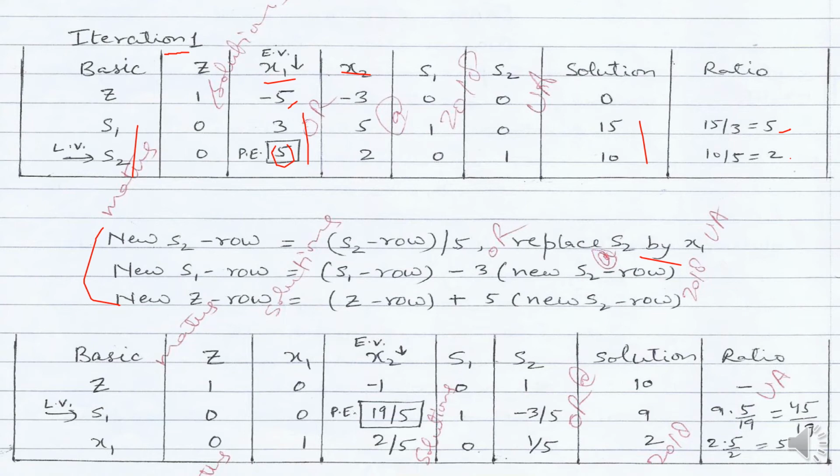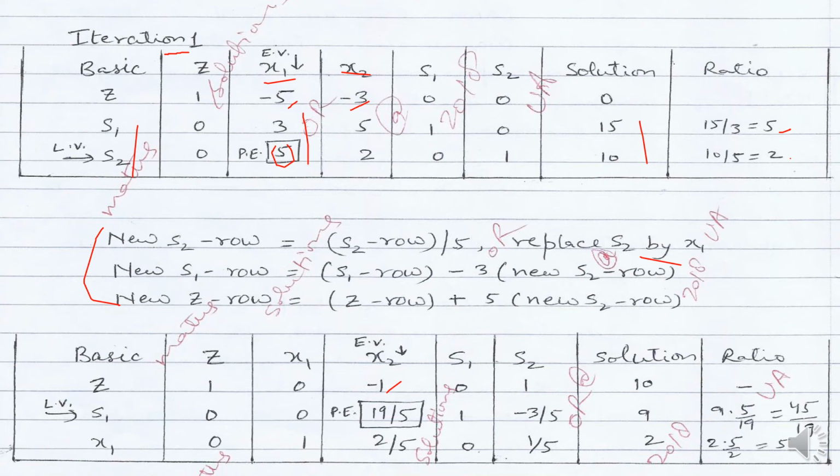So we got this table. Let's do one example here for calculating the elements of this table. Let's see this minus 1. How did we get it? This is z row, so new z row value is minus 1. The z row earlier, corresponding to x2, was minus 3. So minus 3 plus 5 into new s2 row.